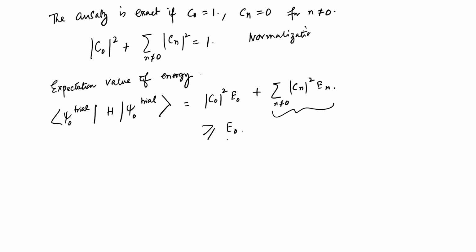This is what we were trying to say by saying that you get a tightest bound or an upper bound to the ground state energy. So, you do not get the ground state energy exactly, but you get an upper bound, and how close it is to the actual E0 will depend upon how good your trial wave function is.